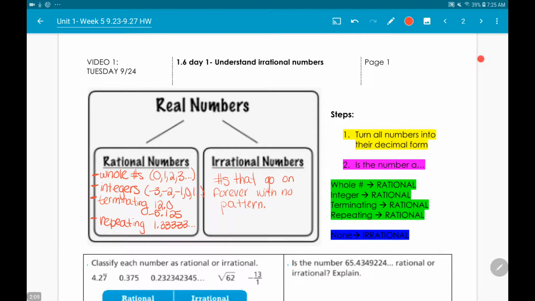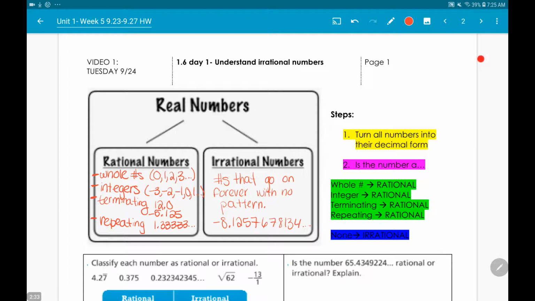What's interesting is that these numbers can never be turned into a fraction, and that's why they're irrational. So they look like just a random assortment of numbers.